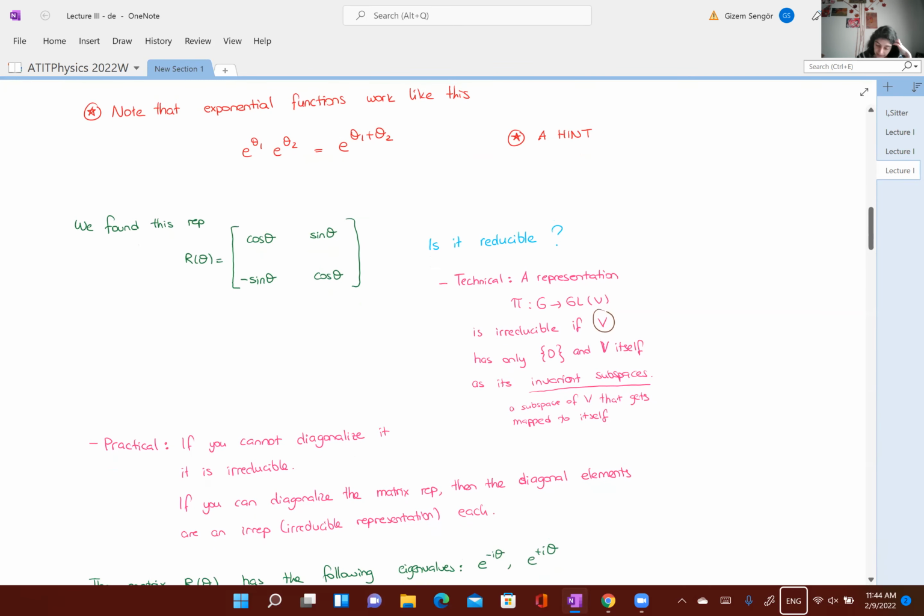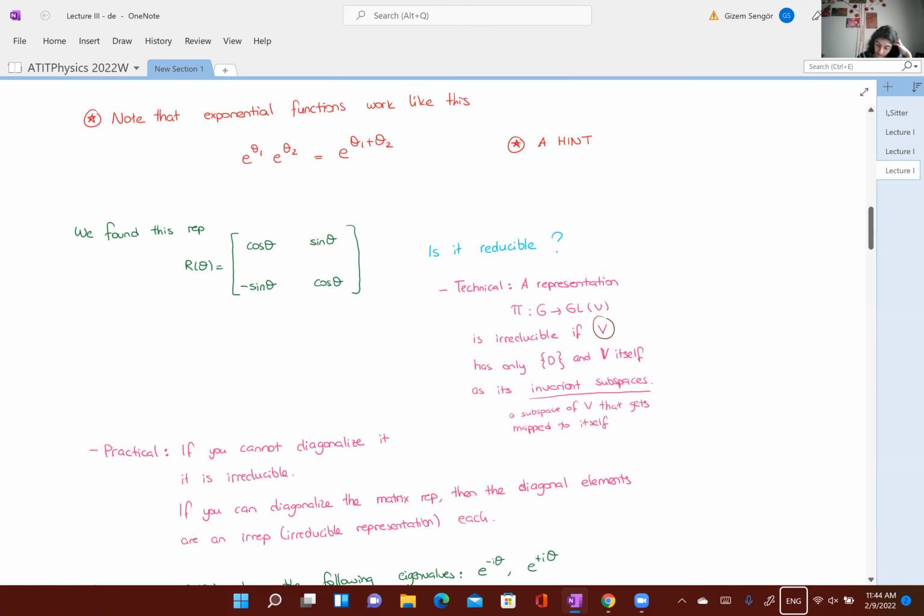But more practically, it means that these representations that you can write down as matrices, if you can diagonalize it, that means you can break it down to smaller representations. That looks like you just took smaller matrices and stitched them together. So let's see, like this, M1. And these don't need to be all of same dimensions.